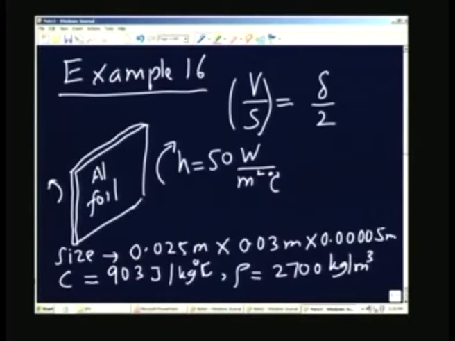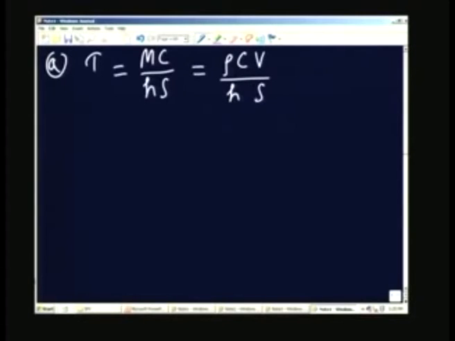What I would like to calculate, there are three things which I am going to do. One is I will first calculate the time constant tau, which is easily calculated by using the formula tau is equal to the mass specific heat product divided by the area heat transfer coefficient product, and this is written as rho C V divided by h S, and V by S we have just now seen is delta by 2.